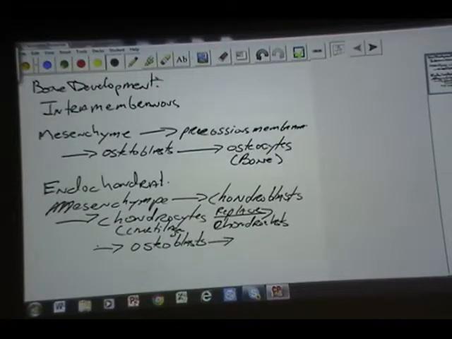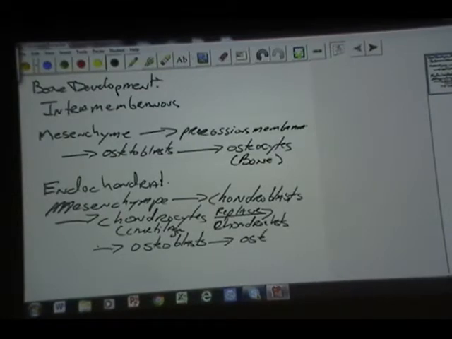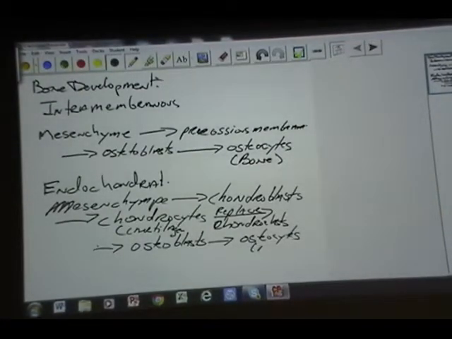And the osteoblasts become osteocytes or bone. So it's a little bit more complex process, but it's a necessary process to provide for this young, embryonic, and fetal brain a floor to sit on. Okay.